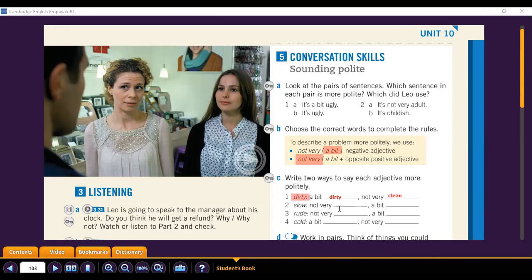What about the slow? Okay, it's not very quick, nos dice Gina. That could be a good one. It's not very quick. Otro adjetivo también que nos pueda hablar de rapidez, ¿cierto?